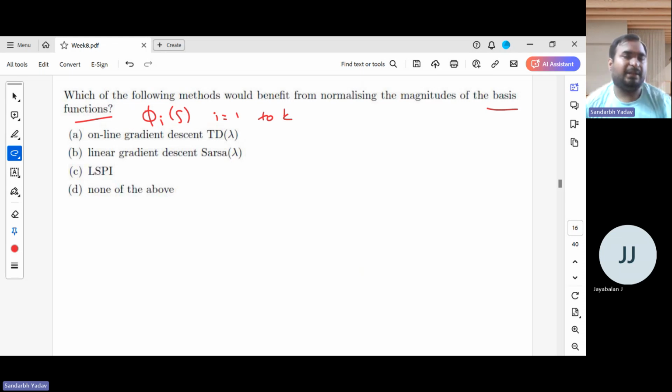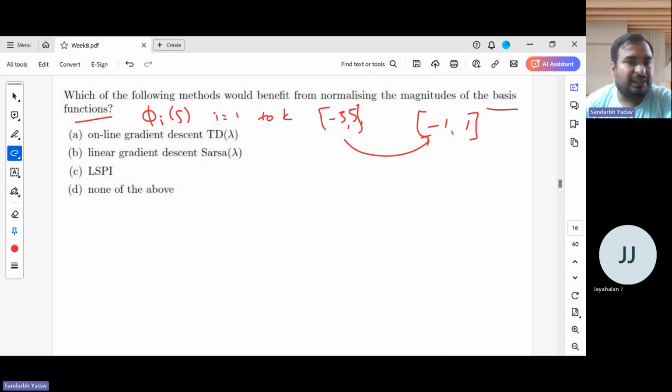They can take any value, continuous values, in a range like -5 to 5, or we didn't put any condition, right? They can take any value, these features. But the question they are asking is, suppose we normalize the magnitudes of these basis functions, suppose we restrict them so that they take values only in -1 to 1, and we map these to this range. Which of the following methods would benefit from such a normalization?